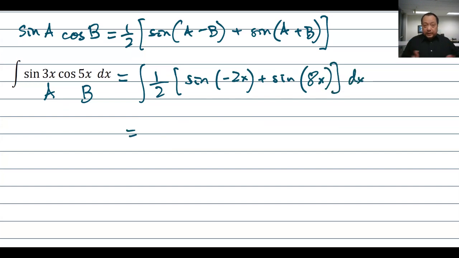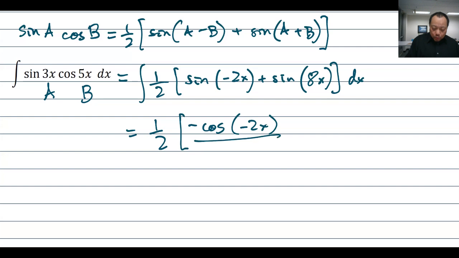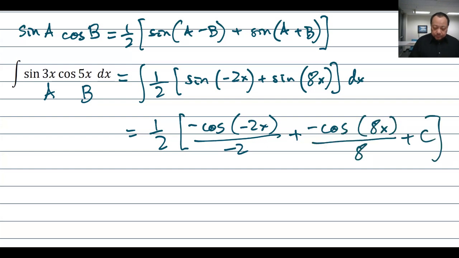I'm ready to integrate. Everything here is normal. So 1/2. Integral of sine is negative cosine over the negative 2, plus integral of sine again is negative cosine. All right, this negative and that negative cancel. Cosine of negative 2x is equal to cosine of positive 2x.